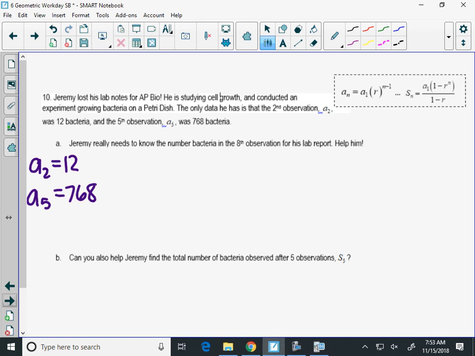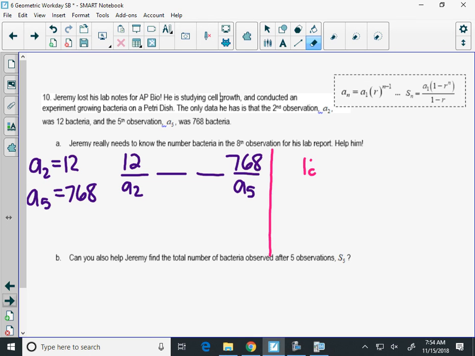Here's my suggestion. I would write this out thinking about blanks. So I have A sub 2, A sub 3, A sub 4, A sub 5, and I'm going to put my information on my blanks. Now I'm going to set this up similar to what we did in number 5. I need to find the common ratio.